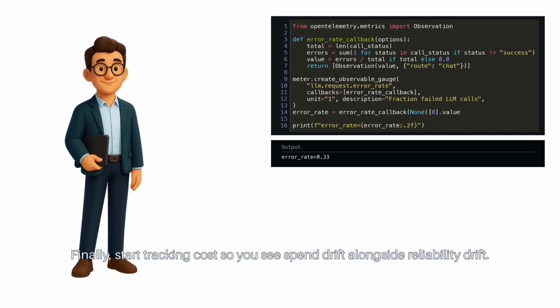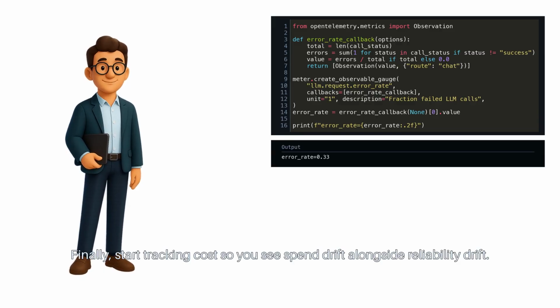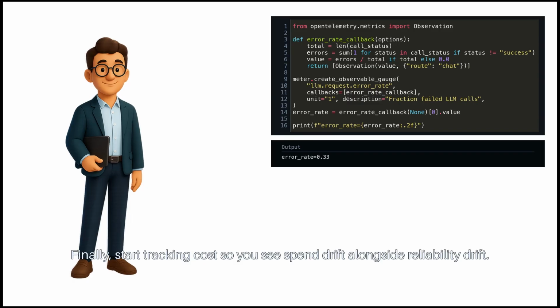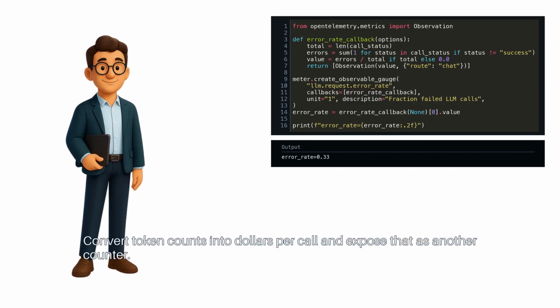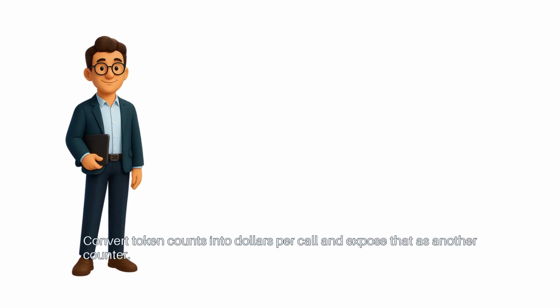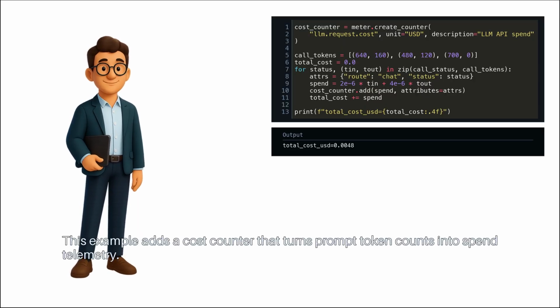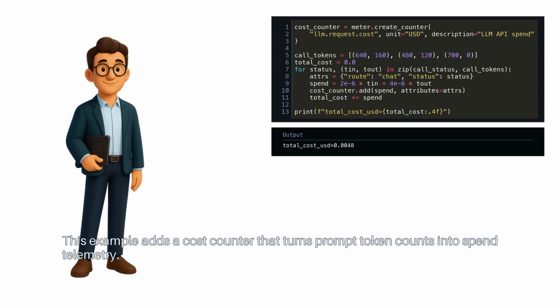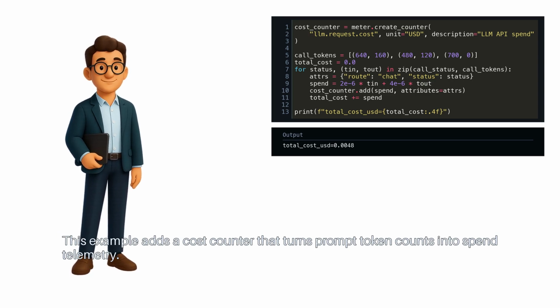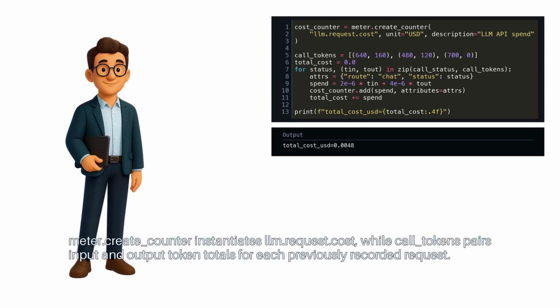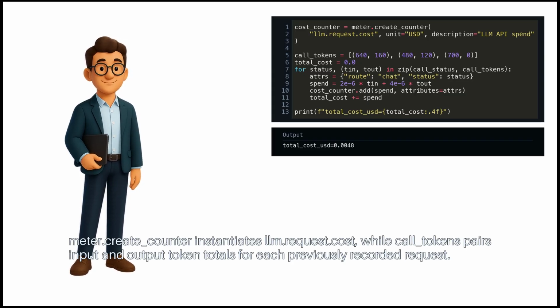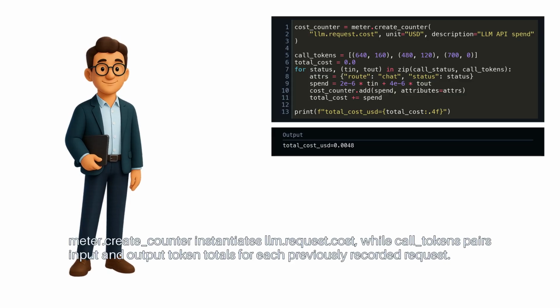Finally, start tracking cost so you see spend drift alongside reliability drift. Convert token counts into dollars per call and expose that as another counter. This example adds a cost counter that turns prompt token counts into spend telemetry. Meter.createCounter instantiates LLM.request.cost, while call tokens pairs input and output token totals for each previously recorded request.